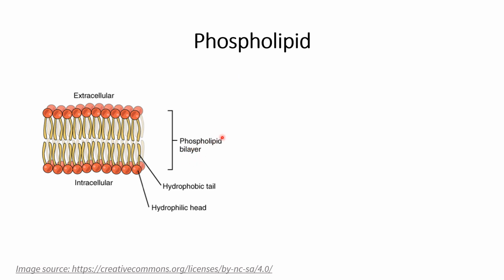Every one of you would have known that the phospholipid bilayer is a component of all the cell membranes. It is arranged like this, a bilayer. Inside you will have a tail which is hydrophobic, and outside you have a head which is hydrophilic, which is the extracellular part, and this is the intracellular part. This is how the phospholipid bilayer is arranged in our cell membranes.